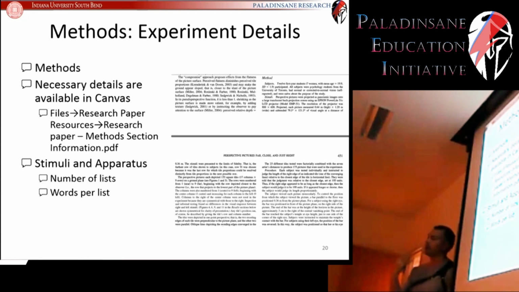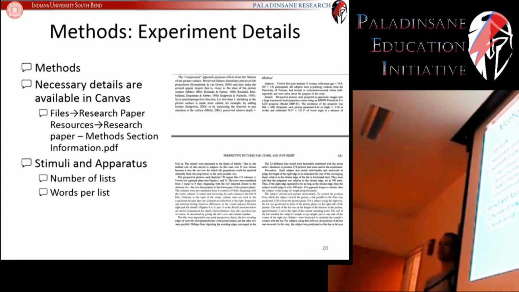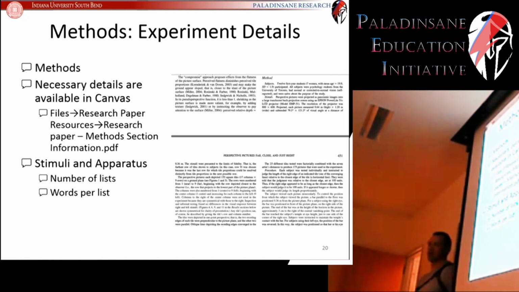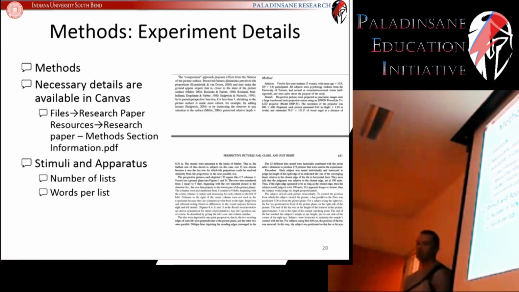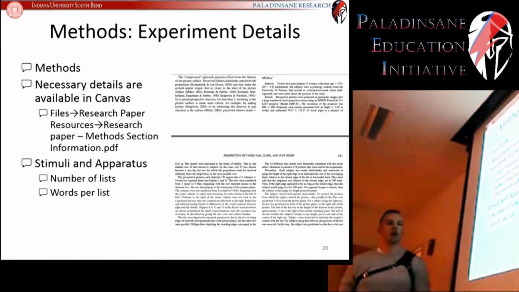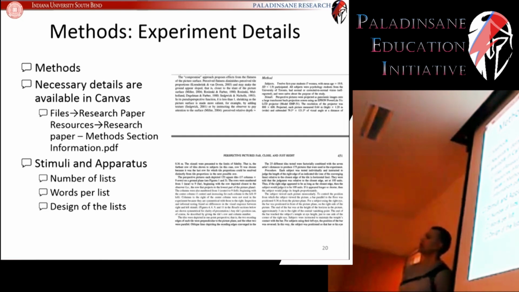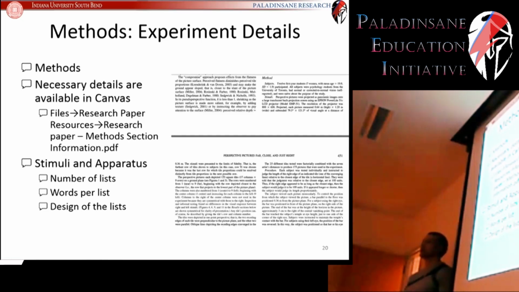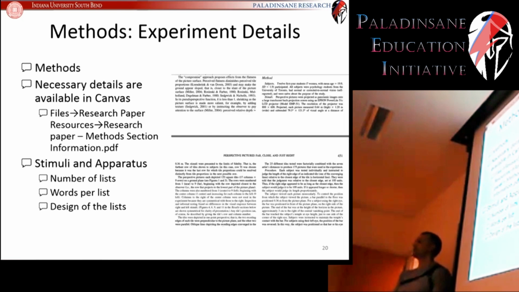So if we only had 3 words per list, just about everybody in here would have scored 100%. If we had 60 words per list, your recall ability would have been much lower. Your percentages would have been much lower. So we need to know how many words per list, what were the designs of the lists. So each list was associated with a word that was not presented in the list.